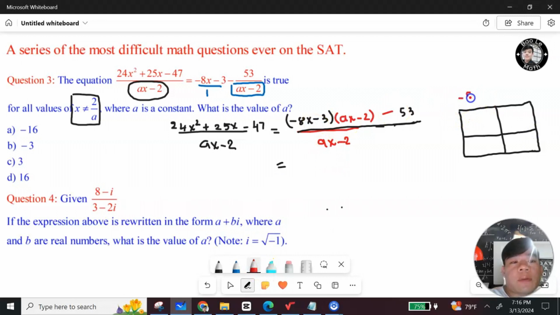Negative as, negative 3 as right here, and negative 2. s times negative as is going to be negative as squared. s times negative 3 is going to be negative 3s. Negative 2 times negative as is going to be 2as. Negative 2 times negative 3 is going to be 6.